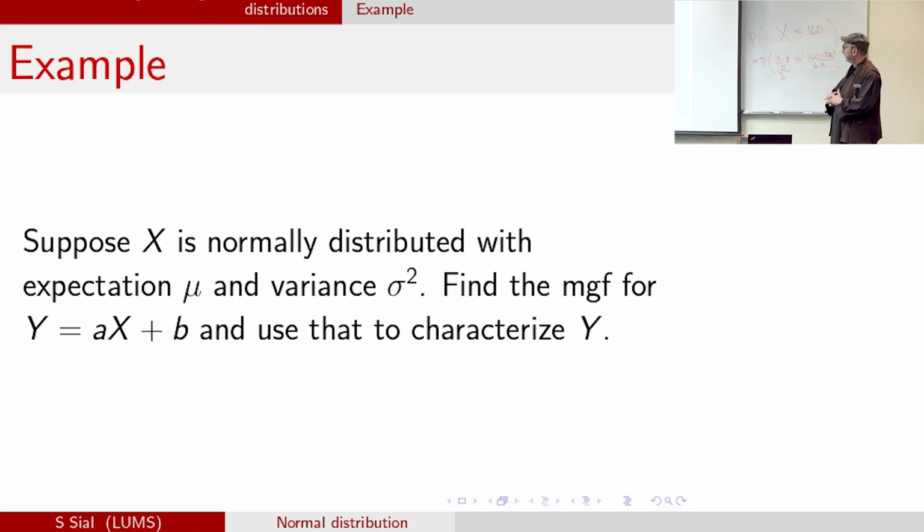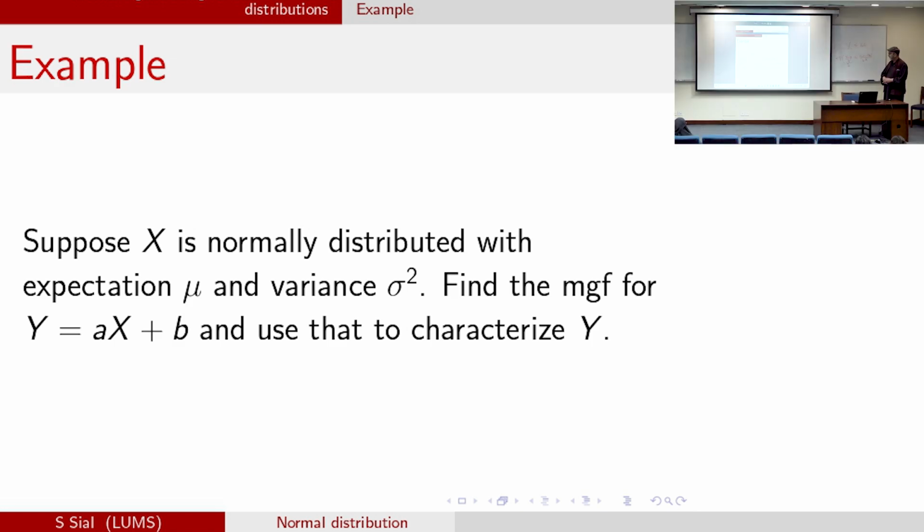Okay, so let's try an example. X is normal with parameters expectation mu and variance sigma squared. Now Y equals aX plus b. So Y is a new variable. And I would be interested in knowing, for example, is it a normal random variable? Right? X was normal. But is Y equal to aX plus b normal?